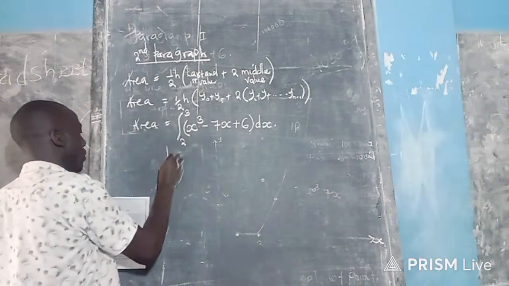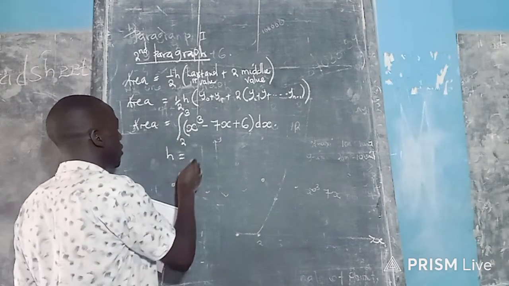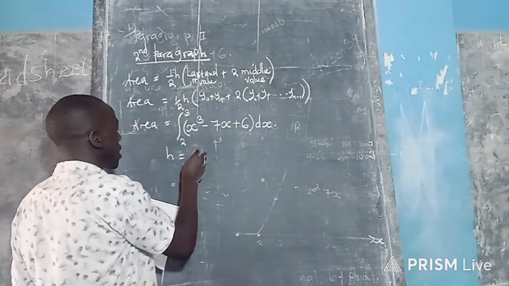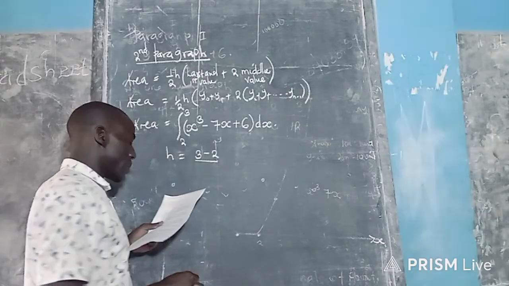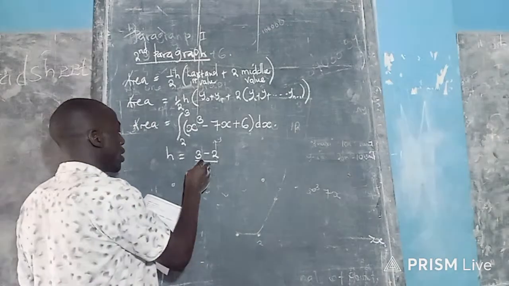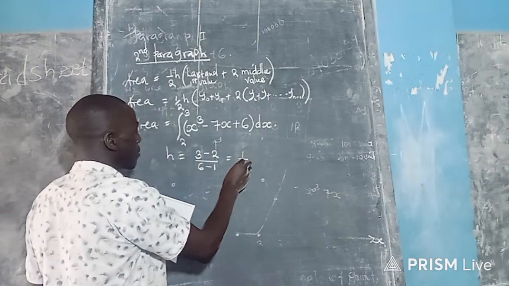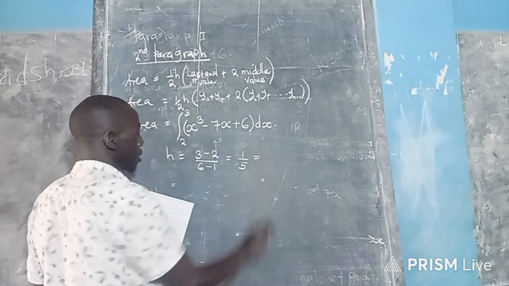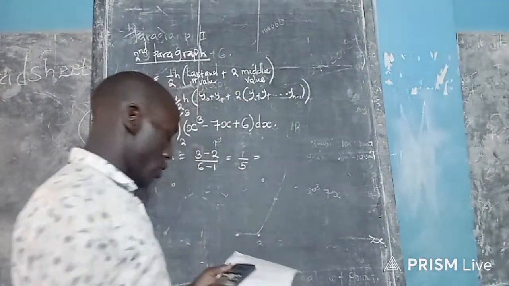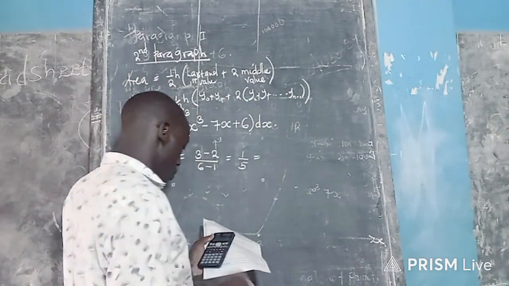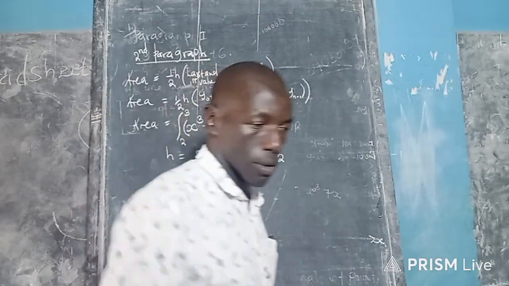Ordinates means that we have to get our range, which will be given by the big value minus the small one. So we are going to have 3 minus 2 divided by 5. We said under ordinate we subtract. So you'll have 1 divided by 5, which is around 0.2.